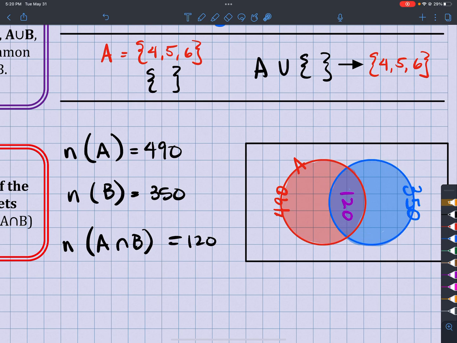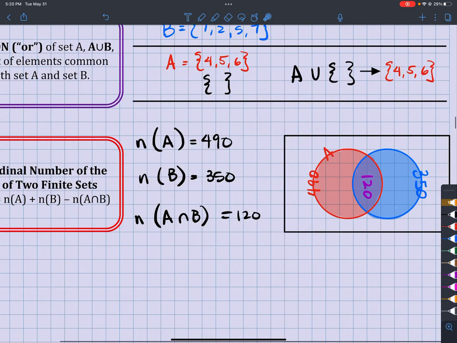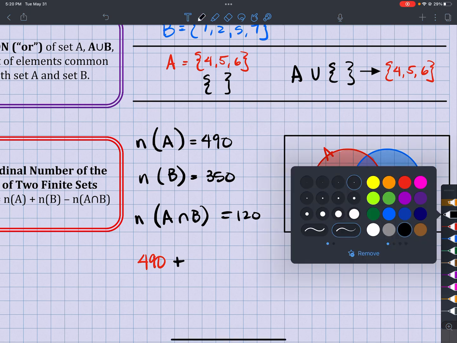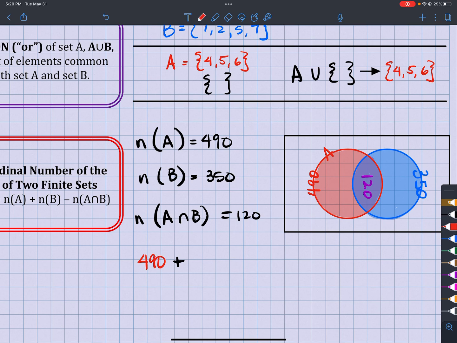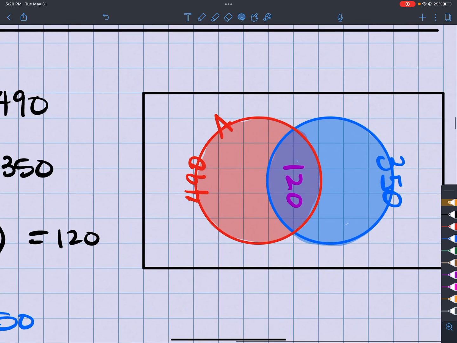If I want to know, then what I would do is I would add the 490 and add it to the 350. But here's the problem. If I take the 490, this gives me the whole red circle, which includes that 120 right there.